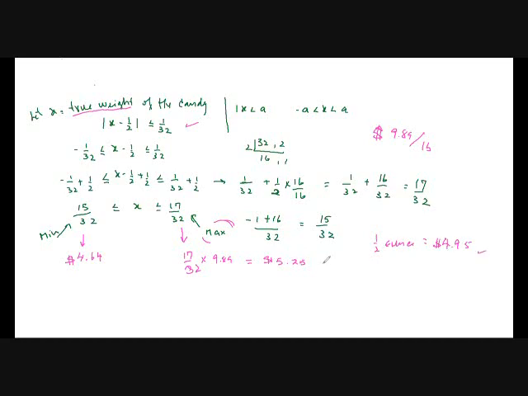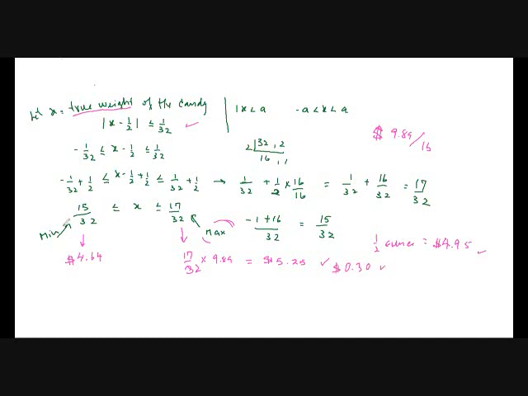In this case you gain, you get undercharged. You gain 5.25 minus 4.95, about 30 cents, approximately.